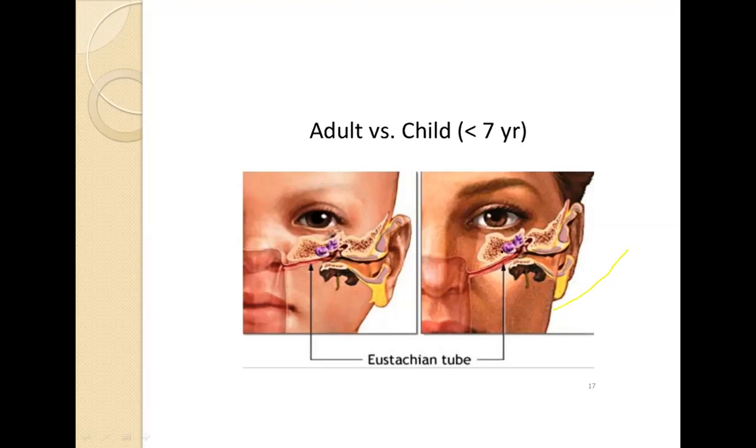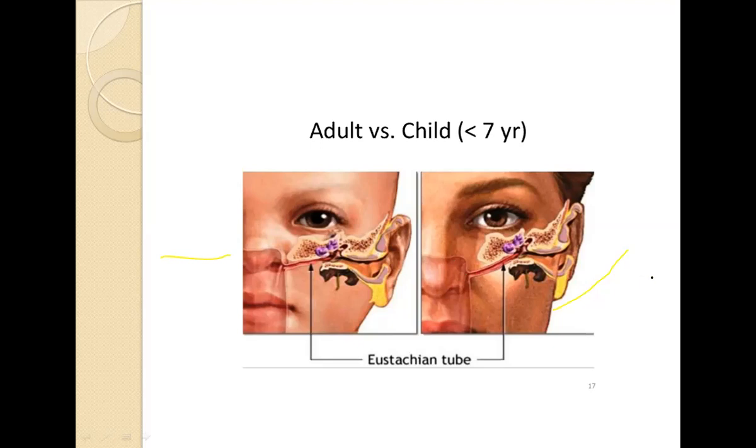So this is in the case of adult, but in the case of a child, the direction of the auditory tube is horizontal. The disadvantage of the tube being horizontal is that infections occurring in the pharynx can easily spread to the middle ear cavity and cause infection there.